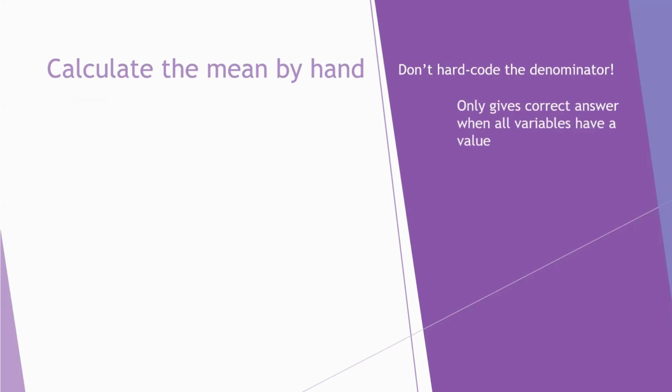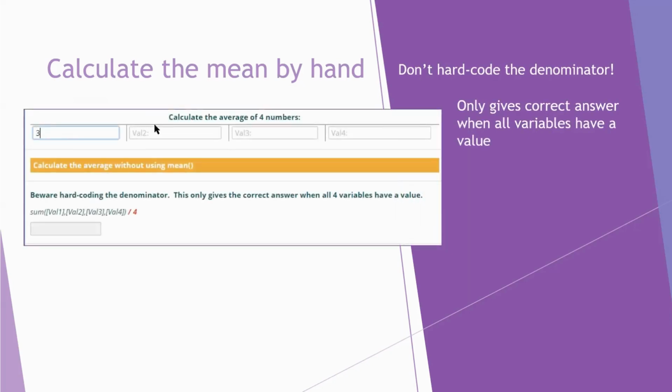Okay. So let's say there's some reason why you don't want to use that mean function to calculate the average. We can still calculate it the old-fashioned way, adding the numbers together and dividing by the count of variables. So if you were to take on this challenge, don't hard code the denominator, because this is only going to give you the correct answer when all 4 variables have a value.